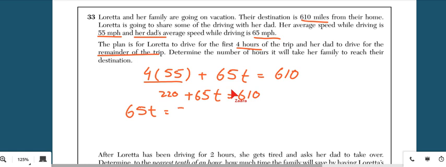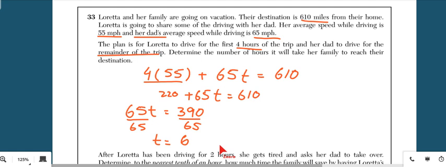This is 390. Now let's divide it by 65. So when you divide it by 65, you will get t to be 6. You can confirm that.